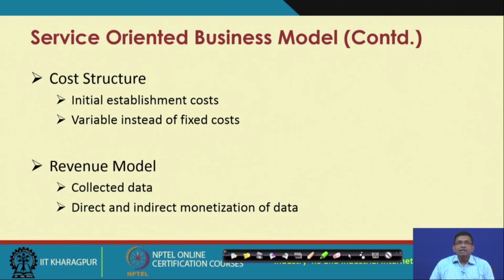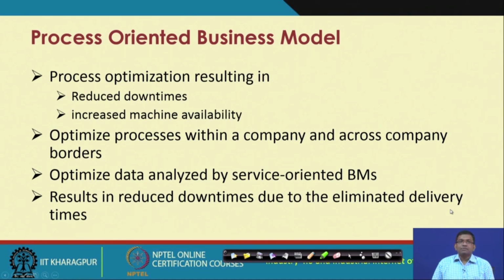Cost structure, the initial establishment costs, the variable versus fixed costs, these are important considerations. The revenue model, collecting the data, and also monetizing the data that is collected directly or indirectly, these are important aspects in this kind of business model.